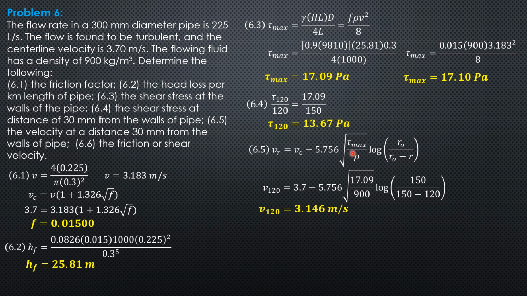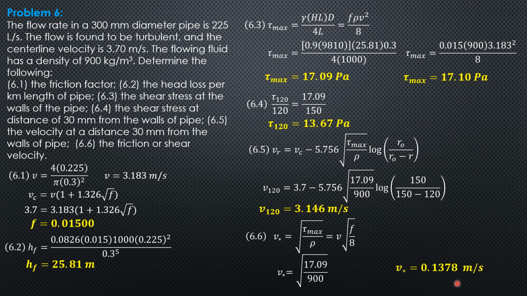Then the friction or shear velocity. It is the square root of tau max over rho, or the velocity times square root of F over 8. So V asterisk is square root of tau max over density, or mean velocity times square root of F over 8. So it is equal to the square root of 17.09 over 900, which is 0.1378 meters per second.